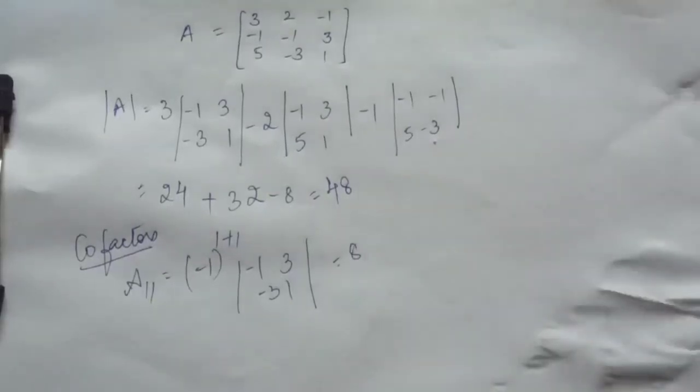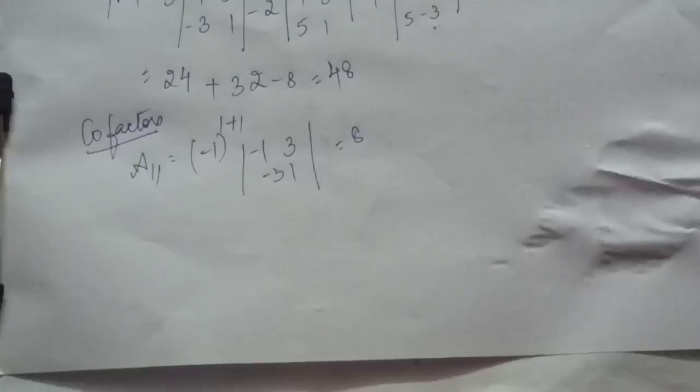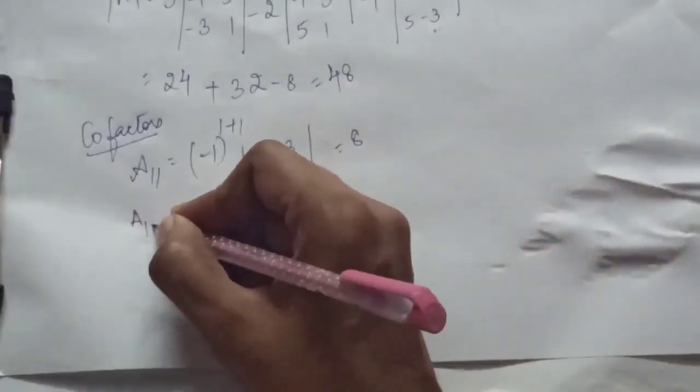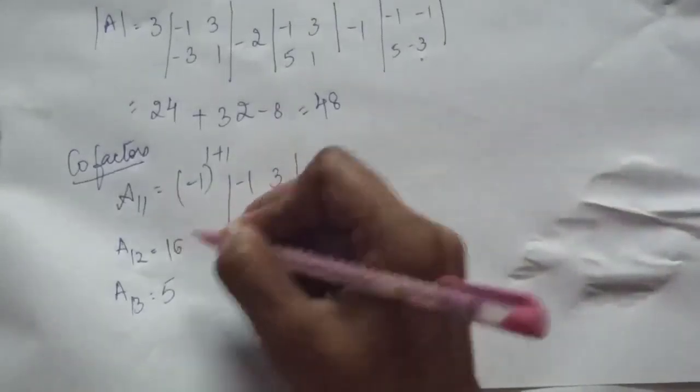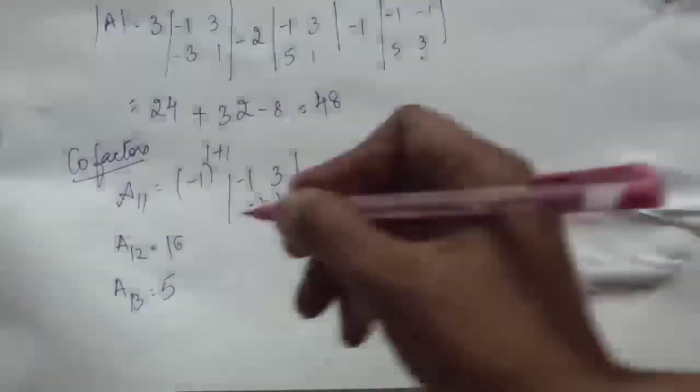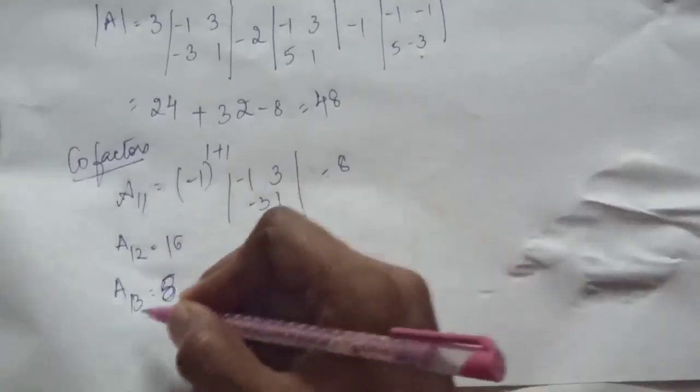So like this we will be calculating all the cofactors. A12, when you solve it, will be 16, and A13 will be 8.